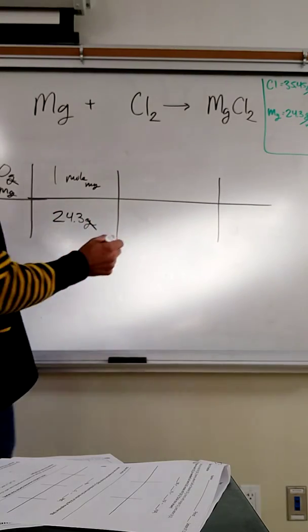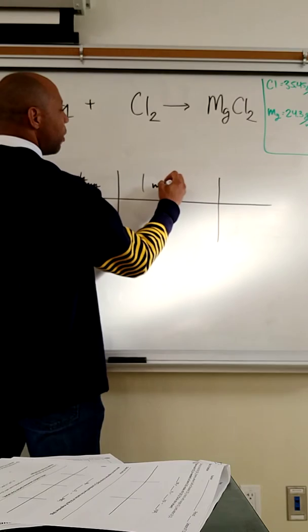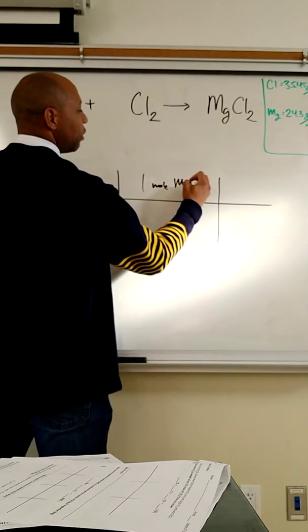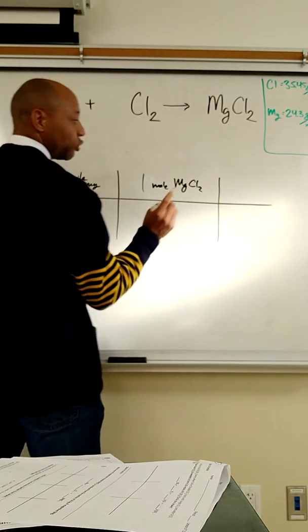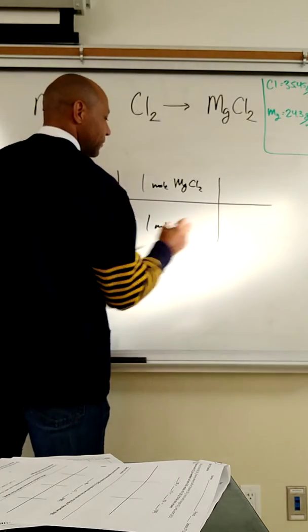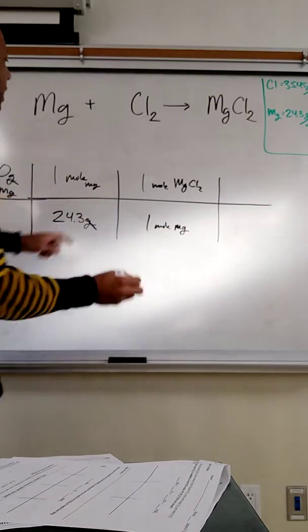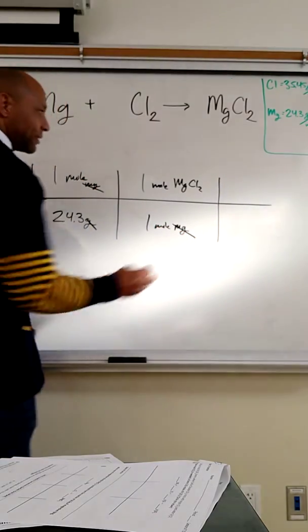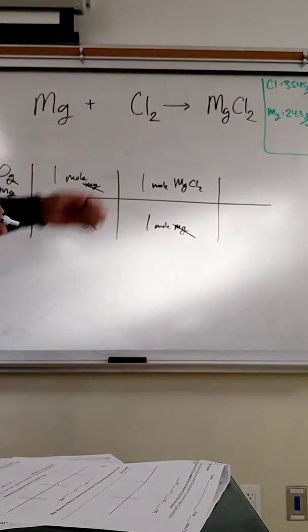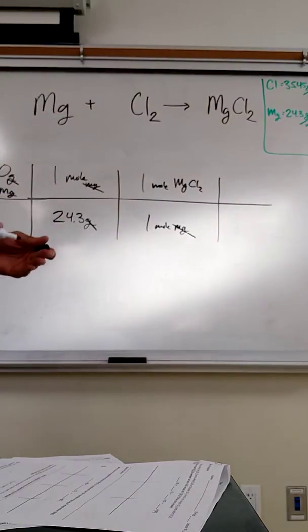In this case, it's 1 to 1, so 1 mole of magnesium chloride is created from 1 mole of magnesium. I put my magnesium on the bottom so I can cancel out these units.